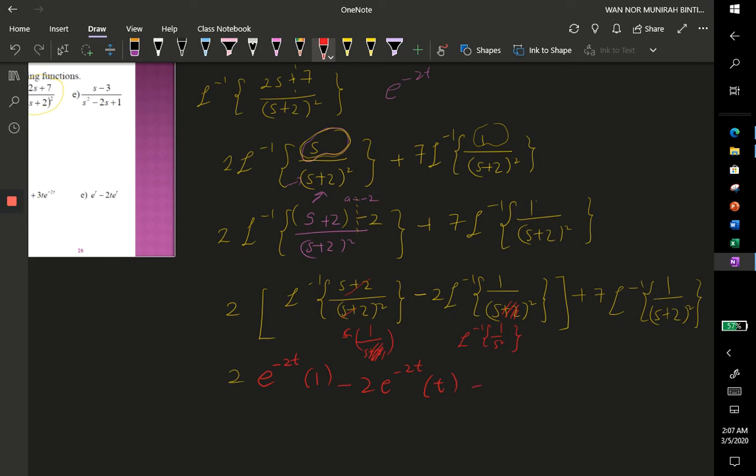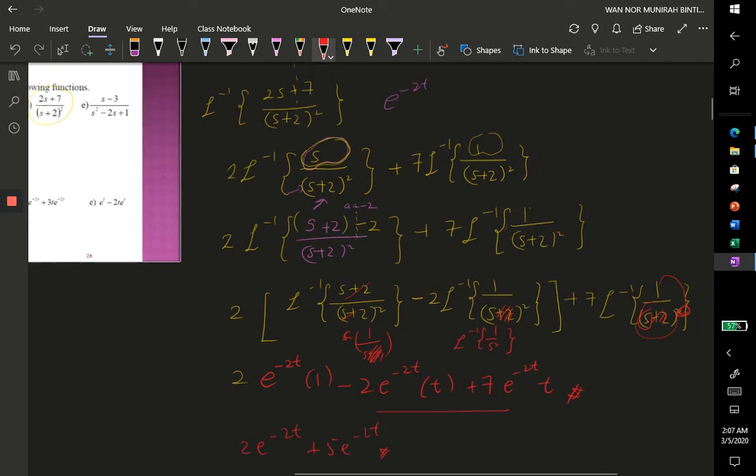Plus 7 is 7, 1 over (s plus 2) squared, take out e^(at), so you have e^(-2t), and take the Laplace inverse of 1 over s squared, which is t. So you can simplify the function here. You get 2e^(-2t) plus 5te^(-2t). So that is the idea.